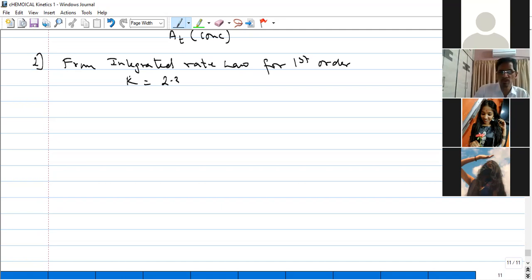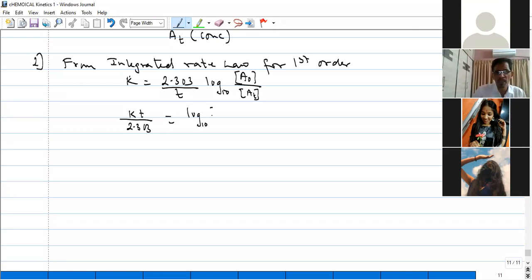A0 upon At, kt upon 2.303 is equal to log to base 10 A0 minus log to base 10 At.